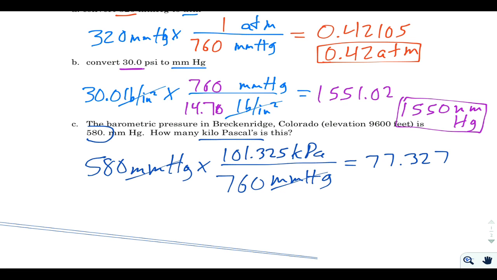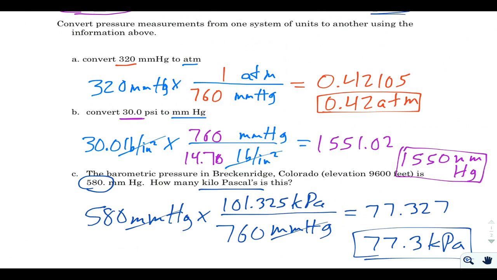This value here, because the decimal is there, that is 3 significant figures, so our answer is 77.3 kilopascals. So as you can see, they're fairly simple. Hopefully this will help you with your pressure conversions.